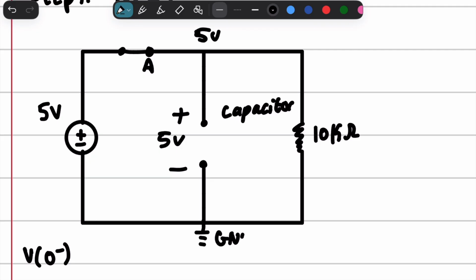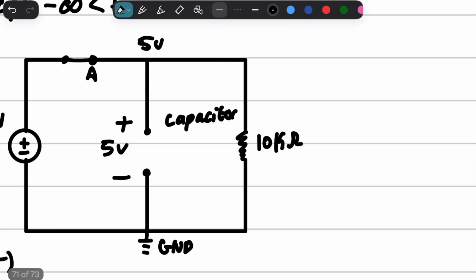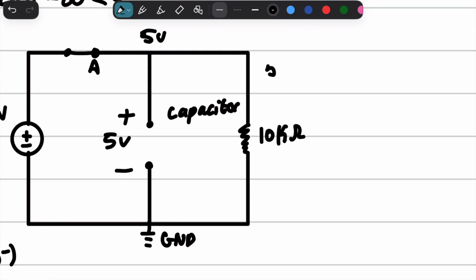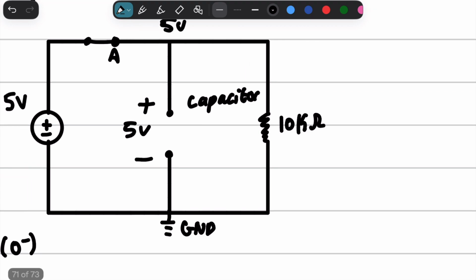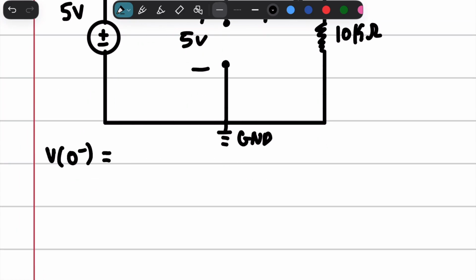Sorry I didn't write ground, but it should be implied. We have 5 volts across. So this resistor completely dissipates those 5 volts. So across this capacitor, there's a 5-volt voltage difference. So we can say 5 volts in V of 0 minus.